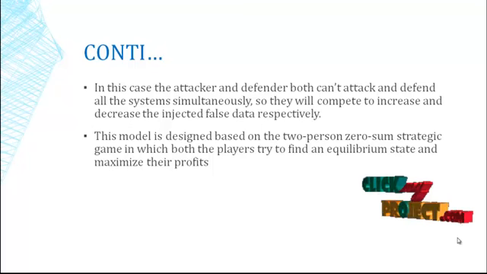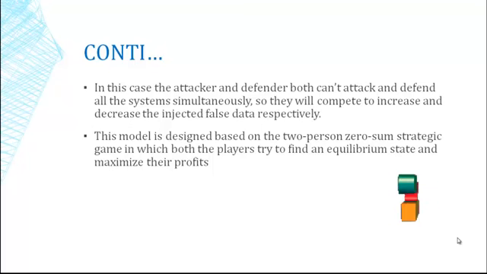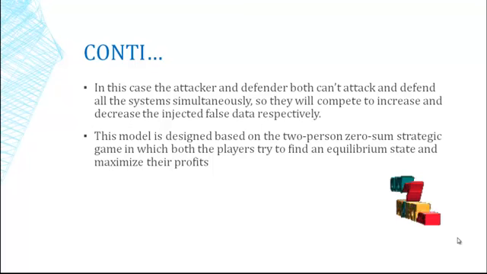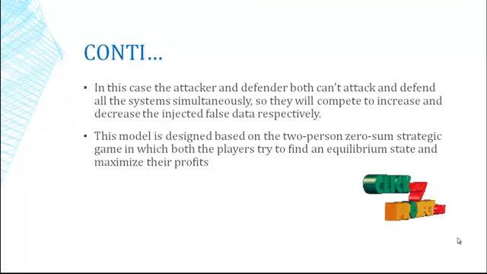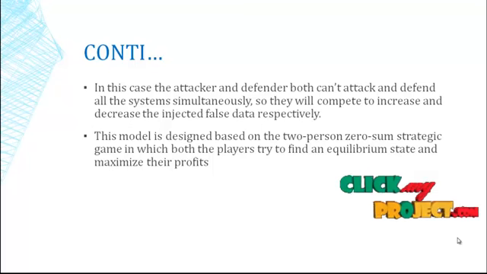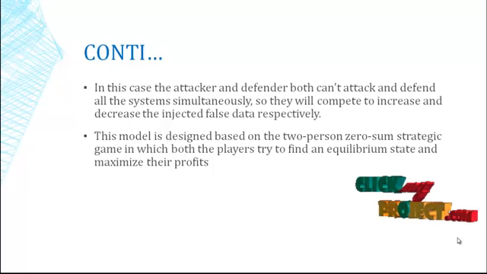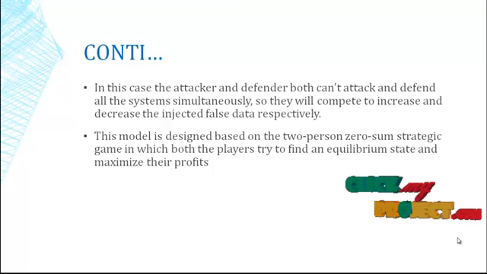This model is designed based on a two-person zero-sum strategic game, in which both players try to find equilibrium states and maximize their profit. The attacker tries to increase the value, and the defender tries to reduce it. Most of the time, the attacker doesn't get into the system.